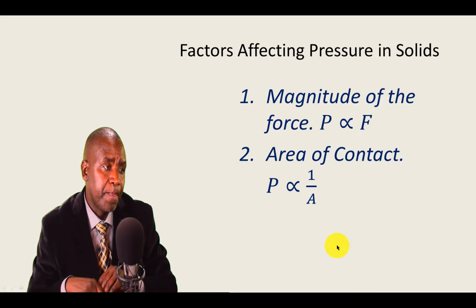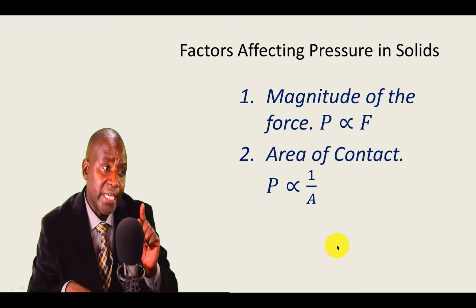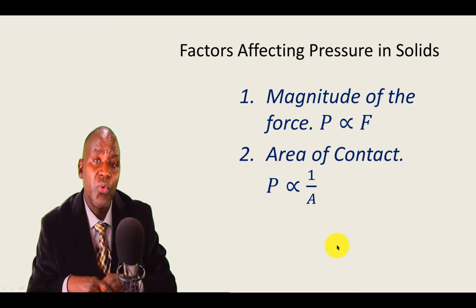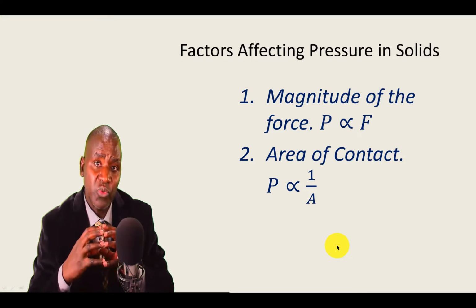Number 2, area of contact. At this point, I want to mention it is not surface area. It is the area of contact, because here we are dealing with a physical quantity which depends on 2 objects making contact with each other, touching each other.